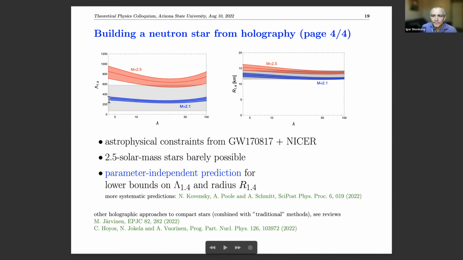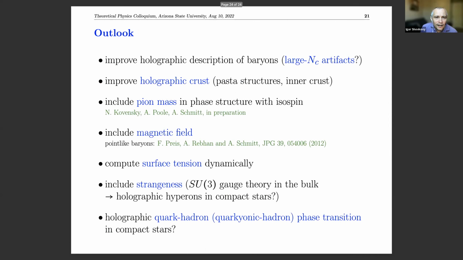Okay, other questions? Well, I do have another one, which was very early on. You mentioned that it's possible to include the magnetic field. This was in the outlook. So are there any expectations of how a strong magnetic field will affect those neutron stars in this model?